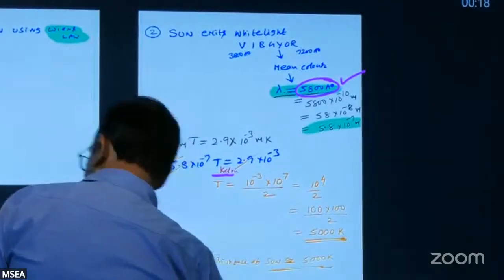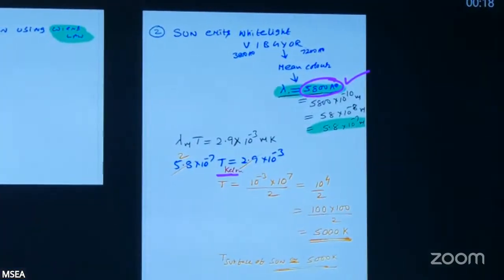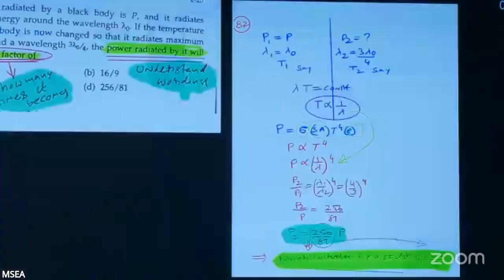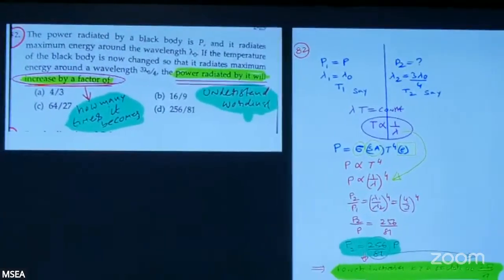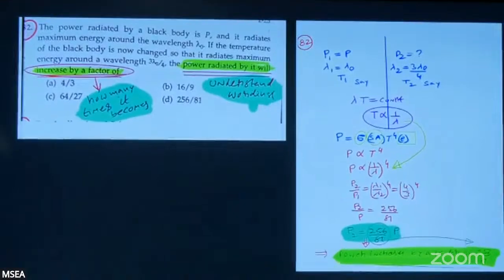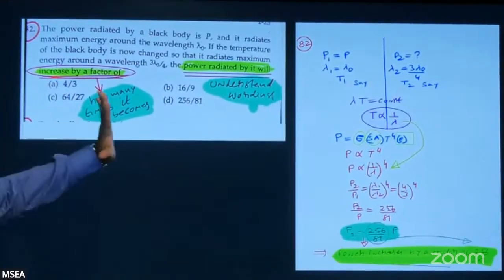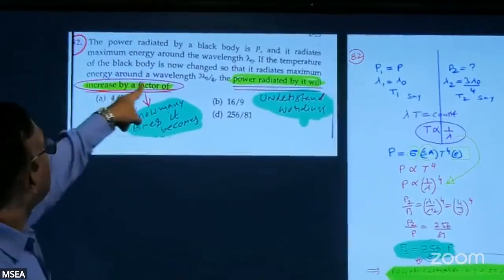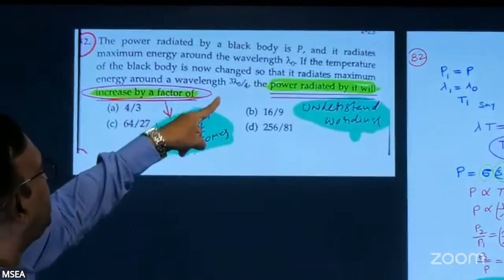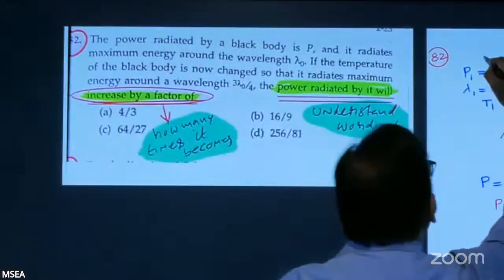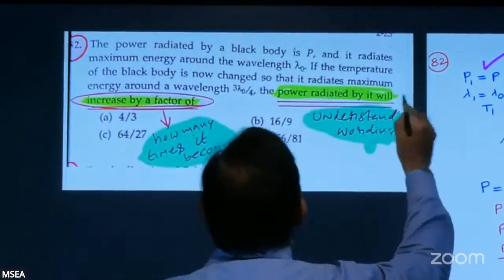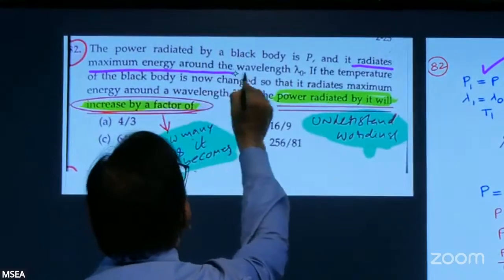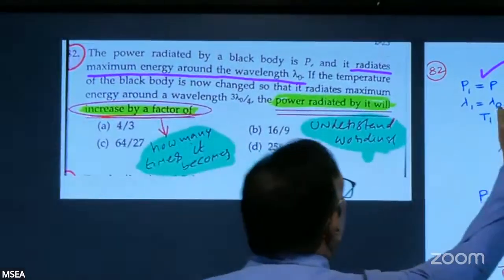Coming to the next bit. This is also a many times repeated question. The power radiated by a black body is P, and the wavelength corresponding to the maximum spectral radiance is lambda naught.